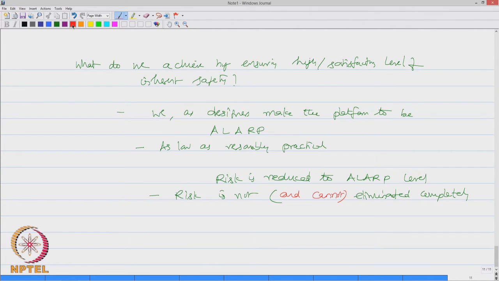So, offshore platforms are generally designed with presence of risk. So, what do we do as a designer? We only minimize the loss or damage in case of fire.